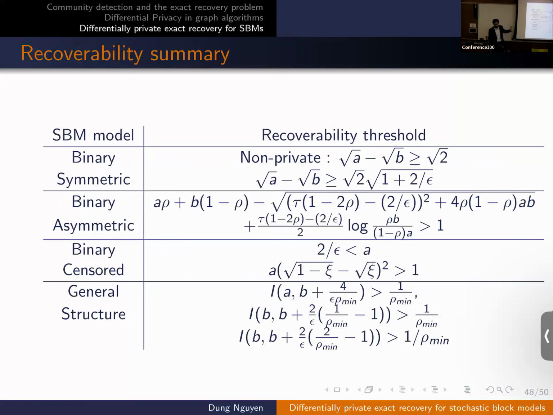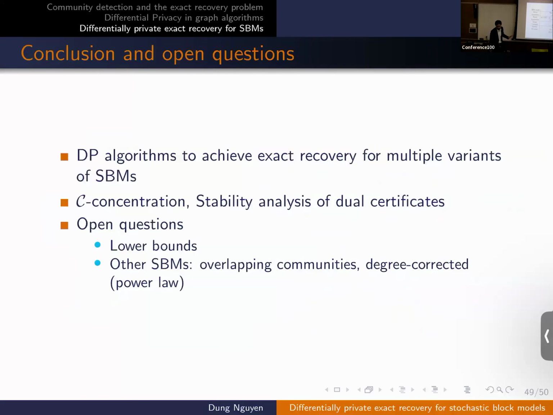Although with the newest result I have here, you can see that when epsilon goes to infinity, which means less privacy and more accuracy, the threshold we have is close to the non-private setting. That is a hint that we are very close to the lower bound, but we don't know if the lower bound exists or not.